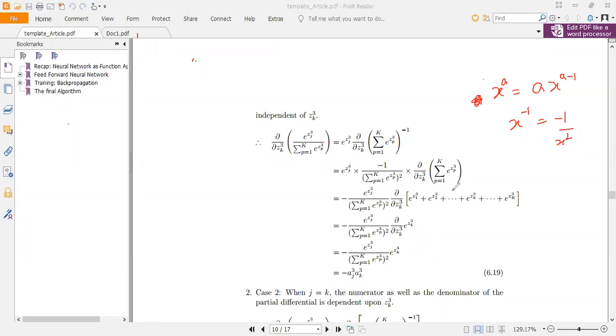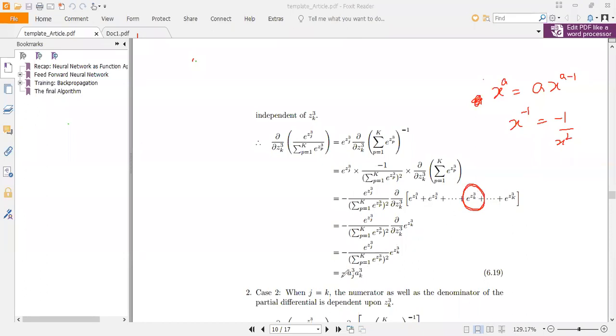Now we can open this term up. This will be basically e to the power of z31, z32, z3k, so on and so forth. Since we are differentiating with respect to z3k, all the other terms will be constant. Only this term will remain. So the differentiation of this term with respect to z3k will be again e to the power of z3k, multiplied by the differentiation of z3k, which is equal to 1.